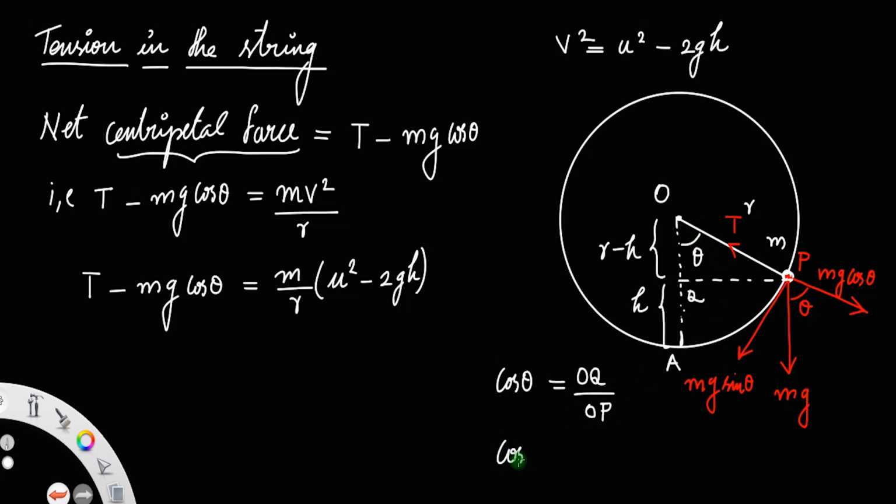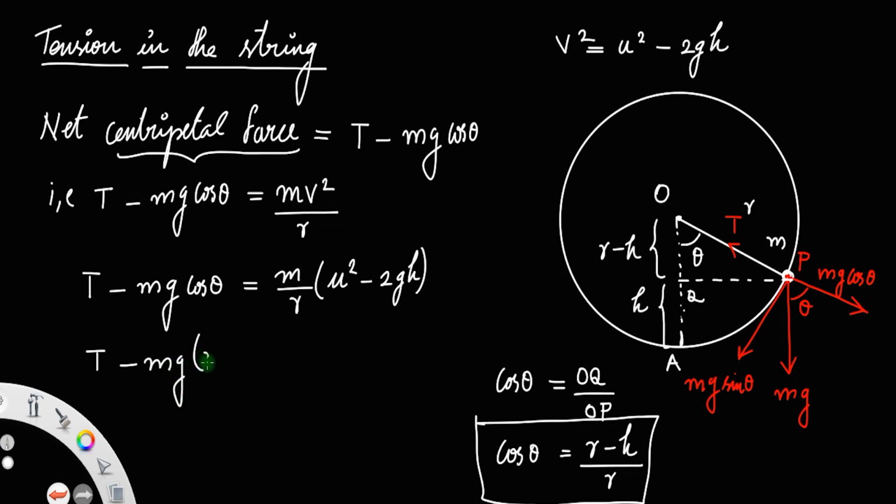That is cos theta is equal to OQ, which is r minus h, divided by OP, which is r. Instead of cos theta, let's substitute this value. So this will be T minus mg into (r minus h) by r is equal to m by r into (u square minus 2gh). Now let's simplify this expression.